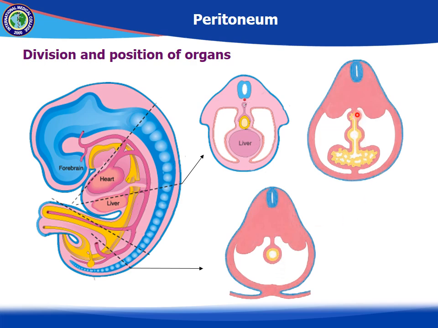Here the dorsal fold shows the developing spleen. So now the ventral fold is divided into two parts. This is one part, this one is the second part. The dorsal fold also has two component parts.